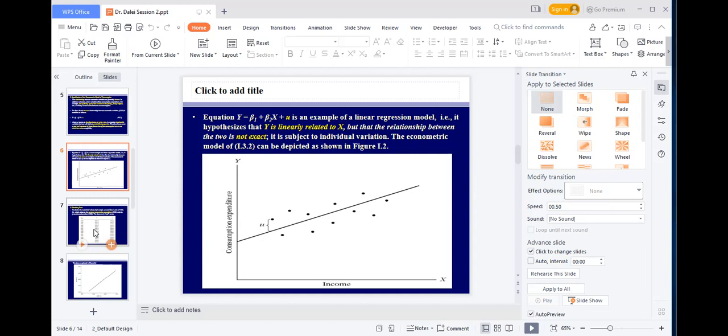The distance between the average line and the y-axis is the deterministic component, and the remaining part is your random component. The random component is defined in two ways. One is when we club all those factors which are not considered in the model, and second is the deviation from the average relationship between consumption expenditure and income.